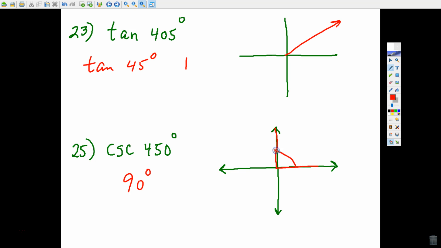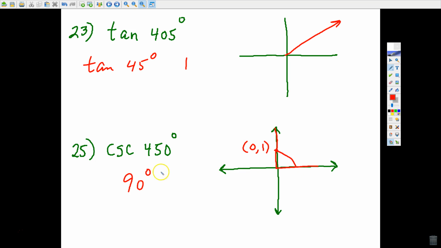On the unit circle, at these quadrantal angles like 90, 180, 270, 360, just think about y-intercepts, and the unit circle always has a radius of 1. It's a distance of 1 from the origin all the way around.